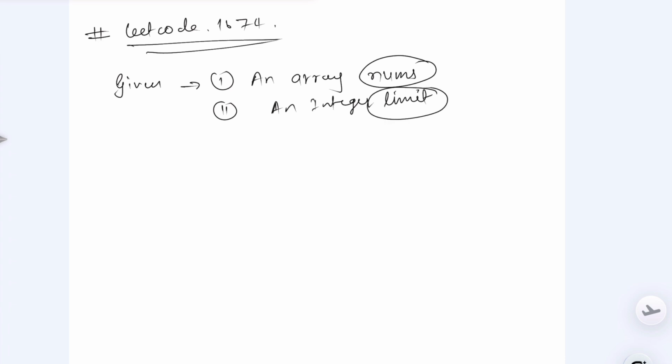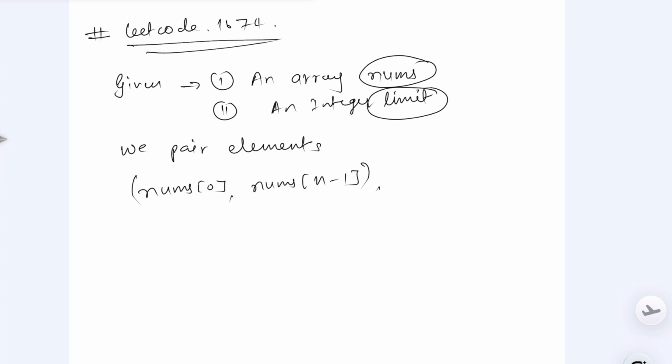And what it is saying is about pairs of elements. Let's suppose nums at 0 is paired with nums at n minus 1 minus i, where i is 0, so the very first pair is like this.